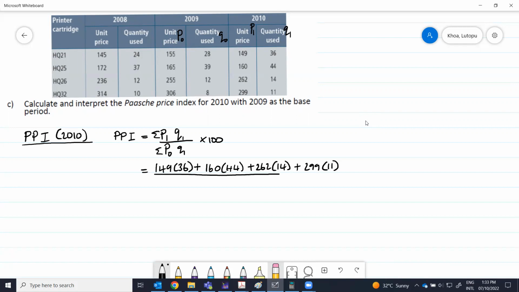This is all over P0 times Q1. So we have 155 times 36, 165 times 44, 255 times 14, and 306 times 11. Again, multiply this by 100.